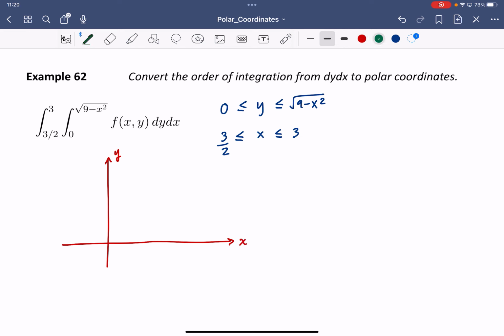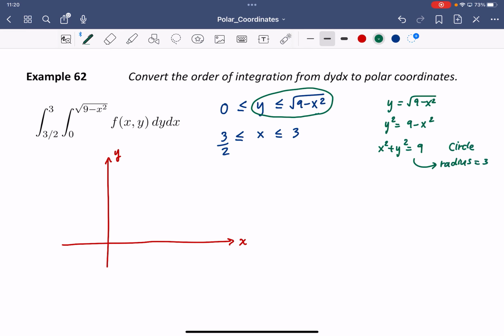So of course, y equal to square root of 9 minus x squared. This is y squared equal to 9 minus x squared. This is x squared plus y squared equal to 9. So it's actually a circle, right? Radius equal to 3.